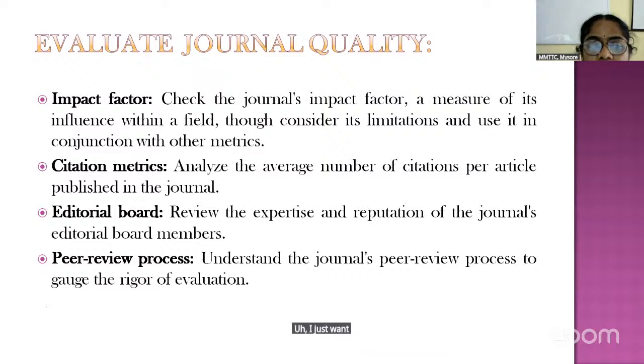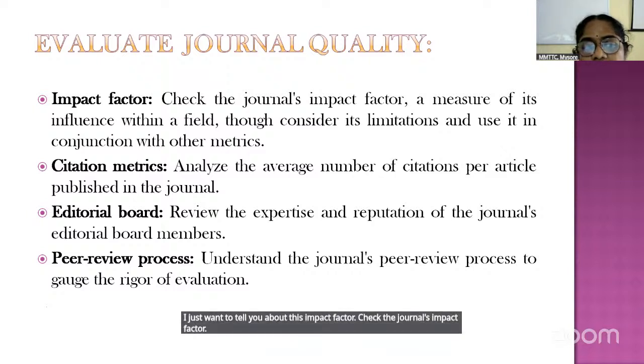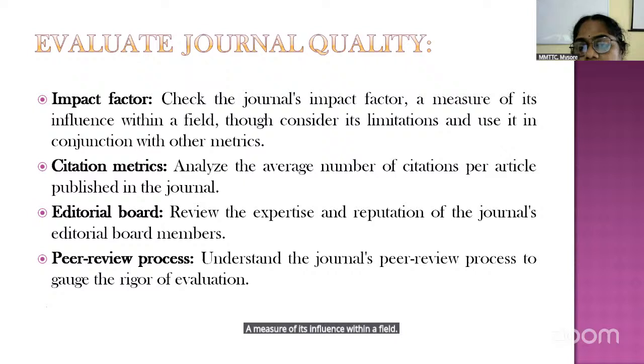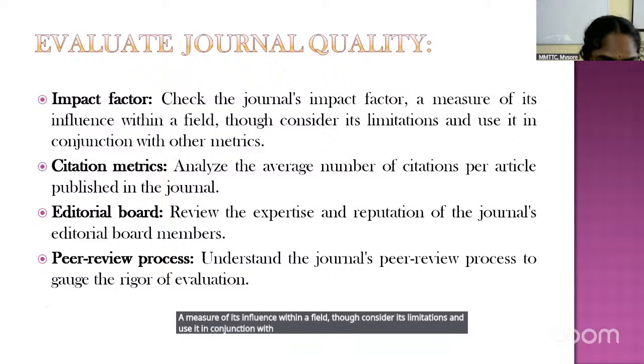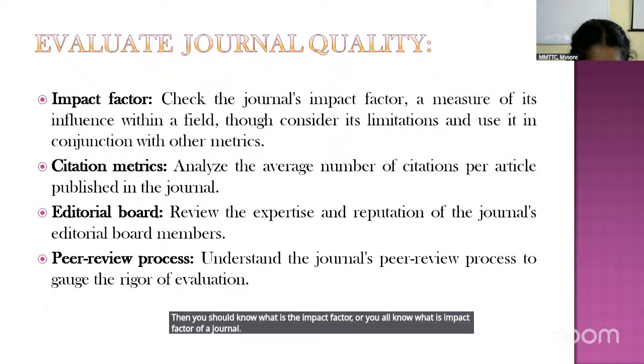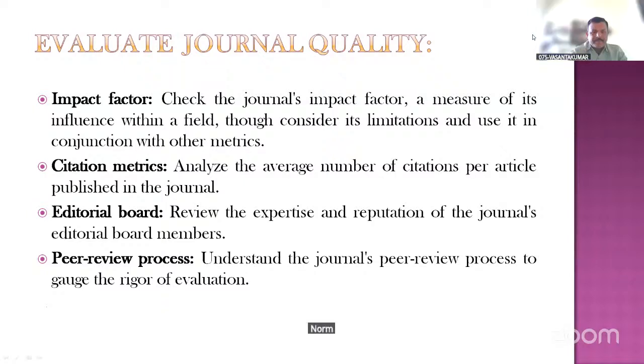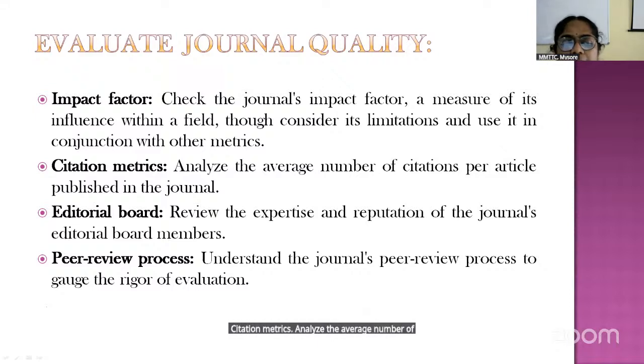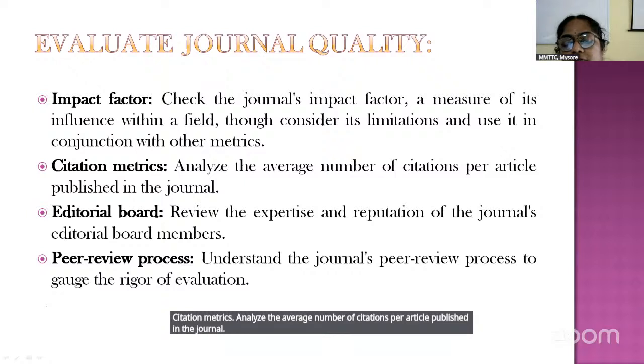I just want to tell you about the impact factor. Check the journal's impact factor, a measure of its influence within a field, though consider its limitations and use it in conjunction with other metrics. Do you all know what the impact factor of a journal is?